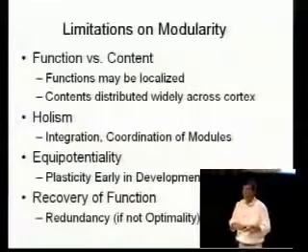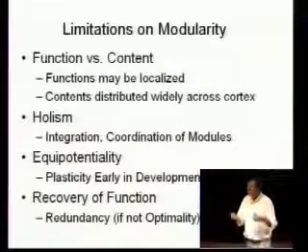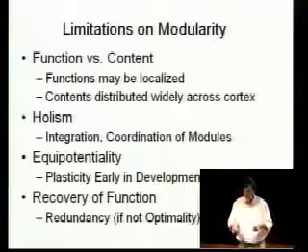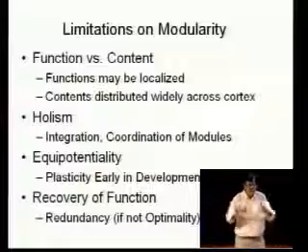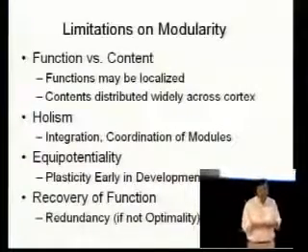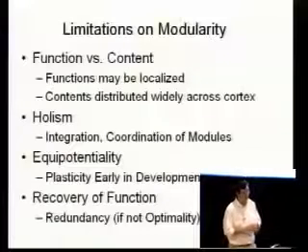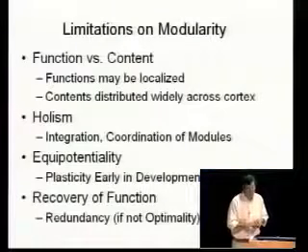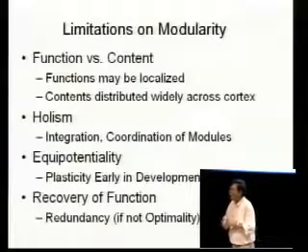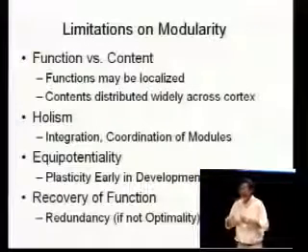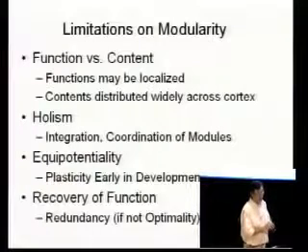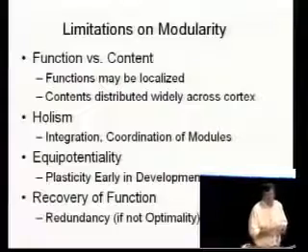But as far as we can tell, mental contents, what you're thinking about when you think, what you perceive when you see something, the precise thing that you remember when you remember some event in your past, do not appear to be localized. A knowledge of particular things, particular memories of past events, appear to be distributed widely over the cerebral cortex.